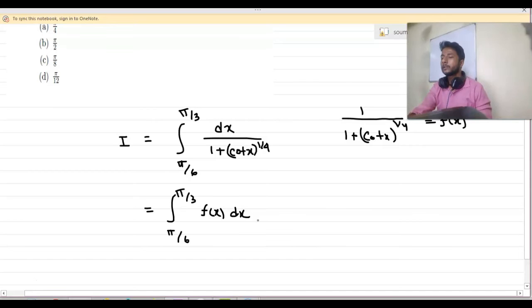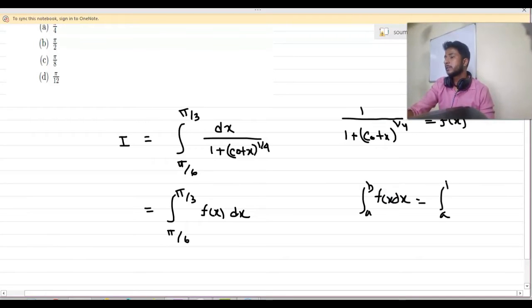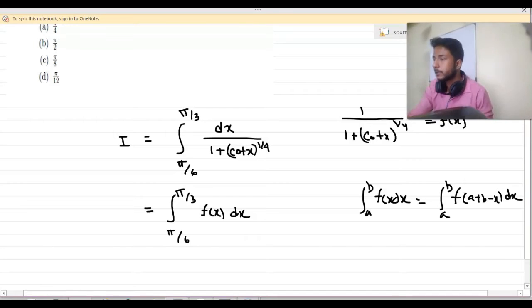We know that integration a to b f(x) dx is the same as integration a to b f(a plus b minus x) dx. We know it, so we are using this fact here.